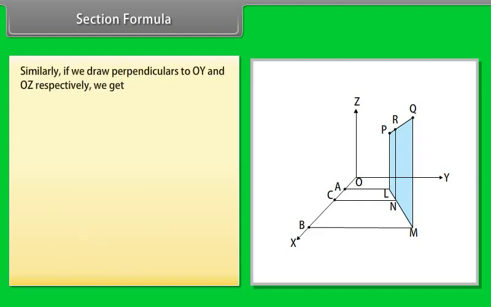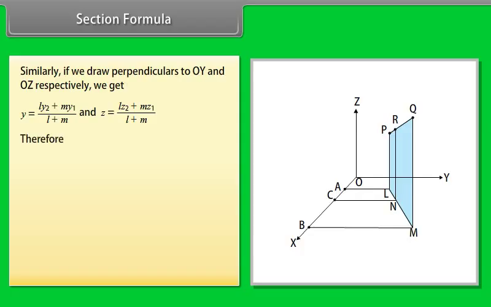Similarly, if we draw perpendiculars to OY and OZ respectively, we get y = (l y2 + m y1)/(l + m) and z = (l z2 + m z1)/(l + m).